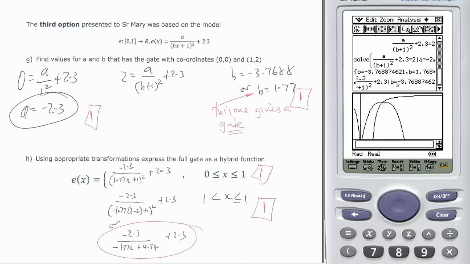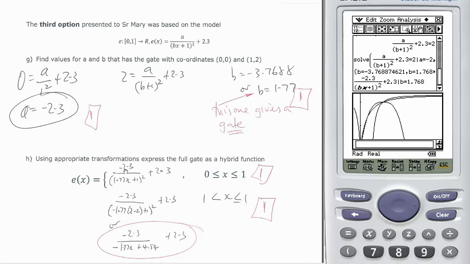But if I make b equal to this particular answer, and I drag and drop that, it ends up giving me my gate in the right place. So b has to equal this particular value.